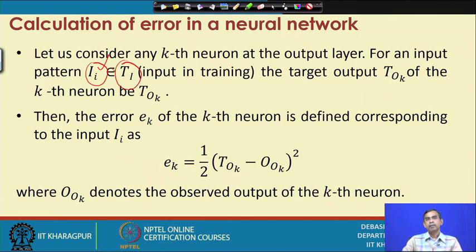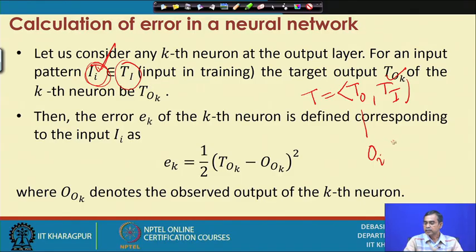As you have already mentioned, this training set T is decided by T O and T I. So, I i belongs to T I, and corresponding to this I i there is one O i which is there in T O. It is basically the observed output due to the ith input, and this is basically the target output there.